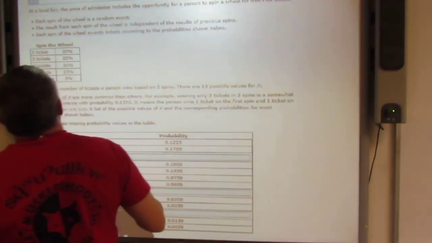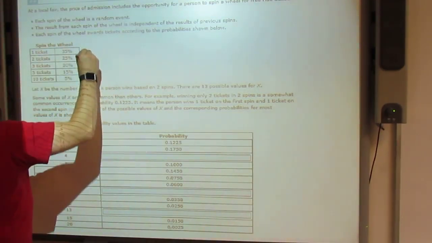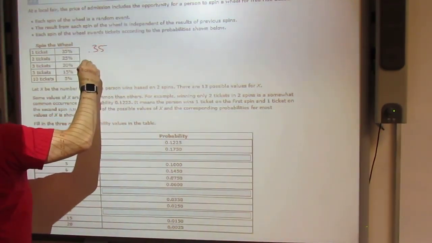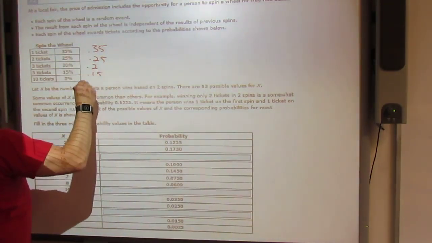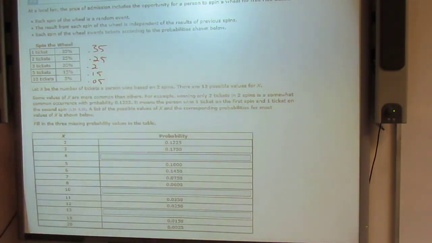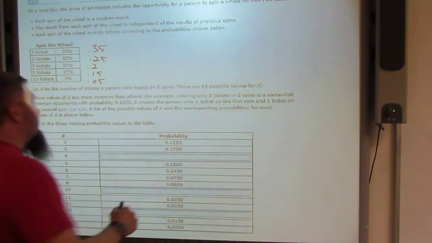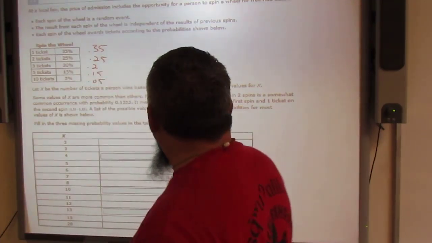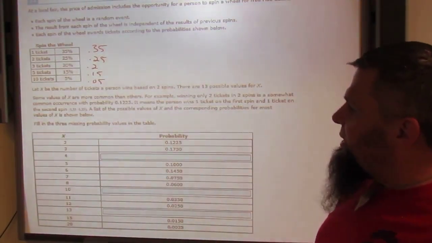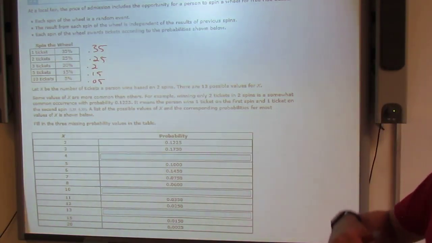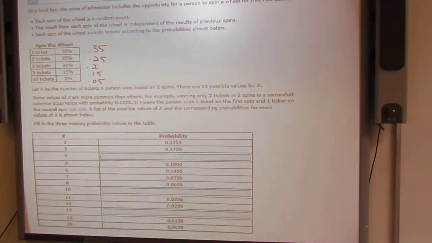All right, so here's the thing. These all have to be changed to decimals. So 0.35, 0.25, 0.2, 0.15, 0.05. That's the first thing. The second thing is, it tells you right here that when you're finding the tickets, because they're independent of each other, you multiply the probabilities.